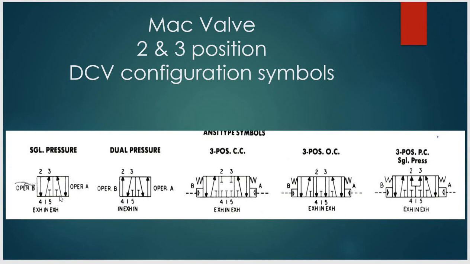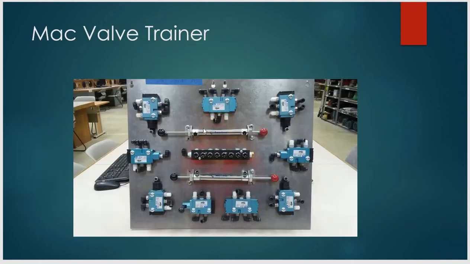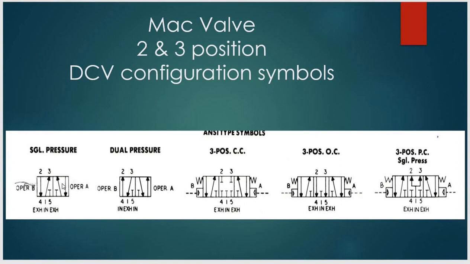So those are our valve body configuration on all the valves, all of these directional control valves. Okay. They have different types of operators on them, or can have, but as far as the body configuration, that's what we're using.